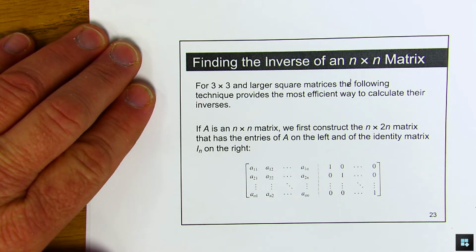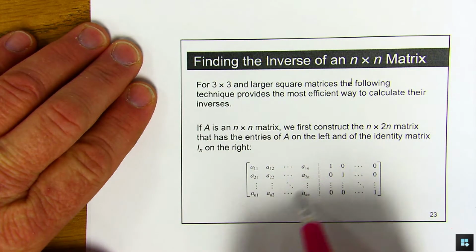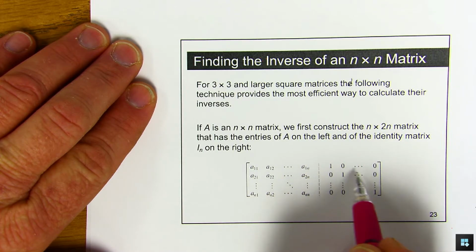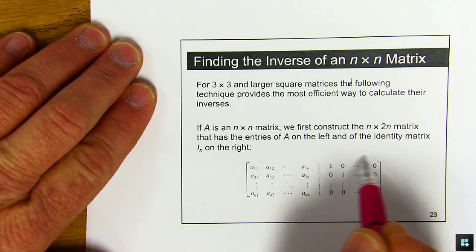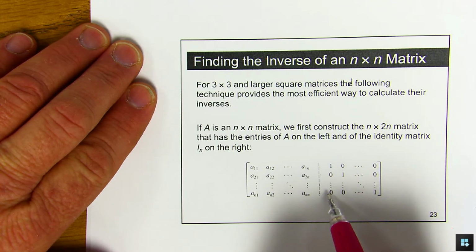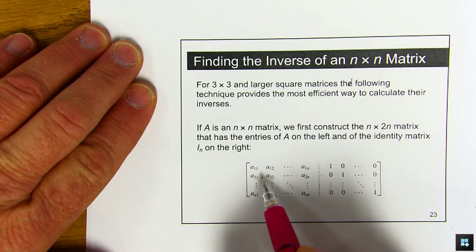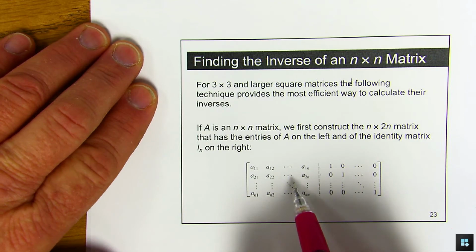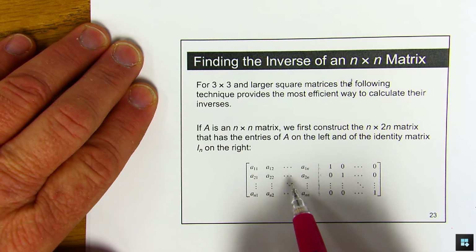So, the way we do it is we basically come up with our matrix here, whatever it is. We then do this little dotted line, and we write the identity matrix right here. What we then do is we change this left side into reduced row echelon form, just like we have in the previous section.